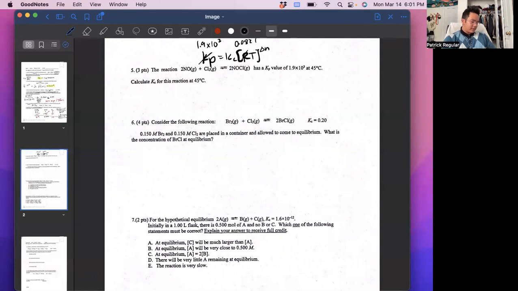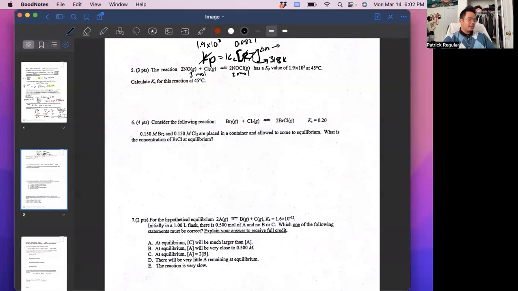Our temperature, if we convert 45 degrees Celsius into Kelvin, what do we get? That is 318 Kelvin. And our delta n is only related to gases. So if we have 3 moles of gases here, 2 moles of gases here, delta n is final moles versus initial moles.